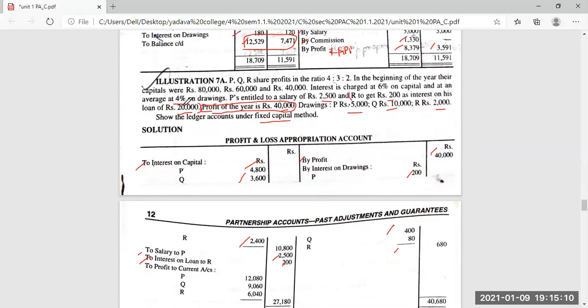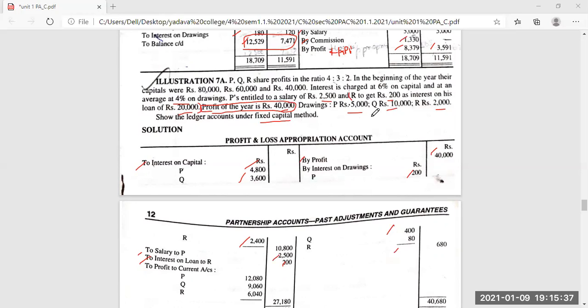5,000, you'll be getting 4%, 200. 10,000, 4%, 400. 2,000, 4%, 80. I'll show you. 5,000 into 4 divided by 100, you'll be getting 200 as interest on drawings.